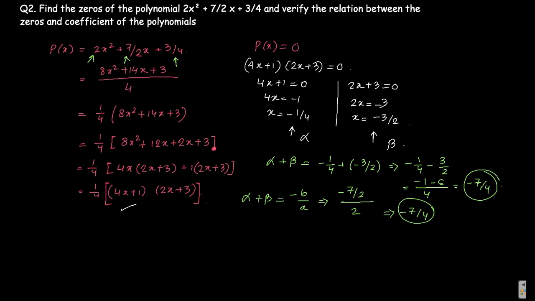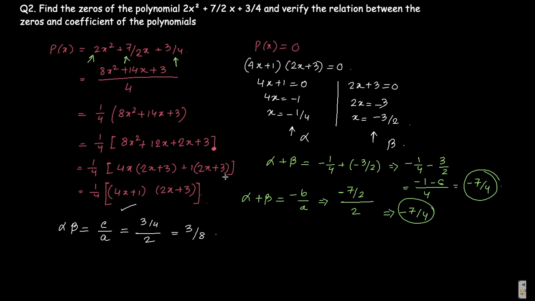Now going to the product of the zeros. Alpha into beta is nothing but c by a, that is the constant term by the coefficient of x square. C over here is 3 by 4 and a is 2, so that is 3 by 8.